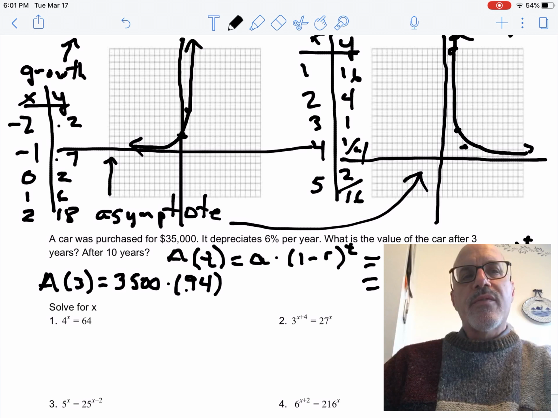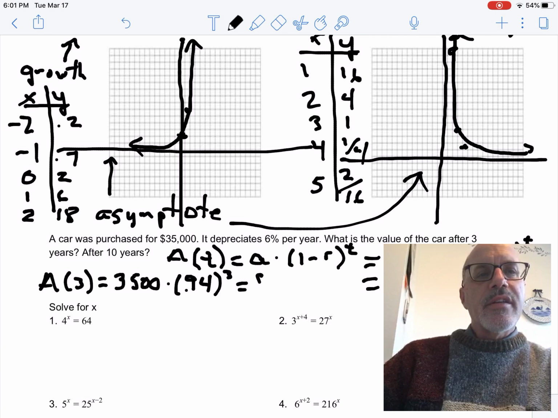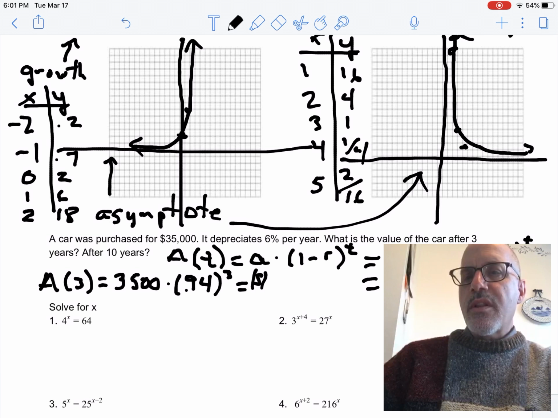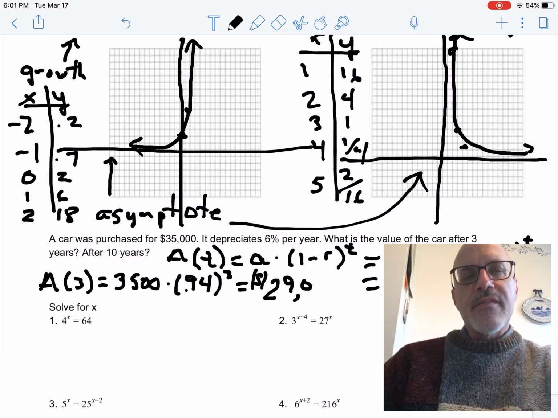In this case we'll put it to the third power. If you do that on your calculator, you get a total of $29,070.44.